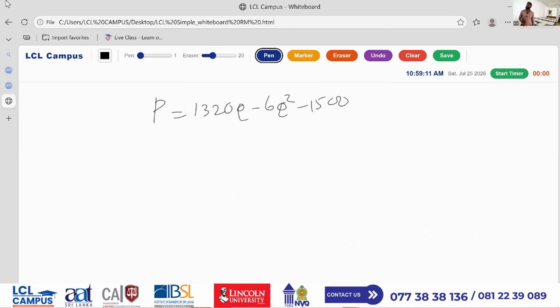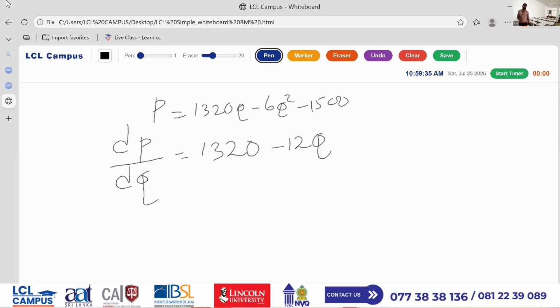For finding the turning points, you want to differentiate here. See how to make it dP by dQ. This means differentiating with respect to Q. Differentiation of 1320Q is 1320. Differentiation of 6Q squared is 12Q.